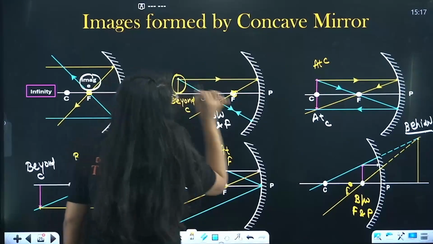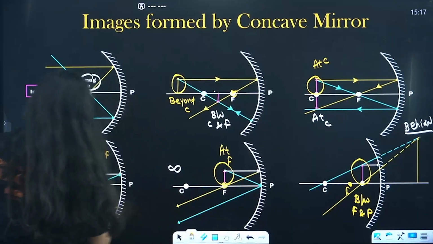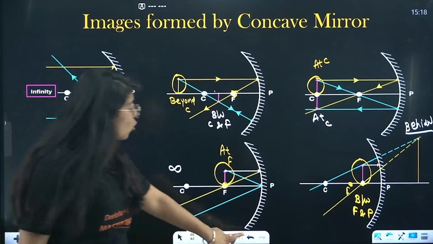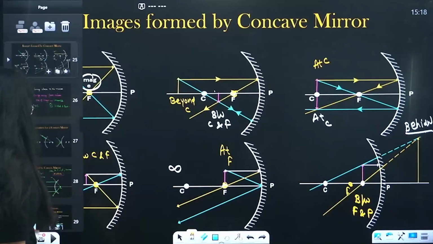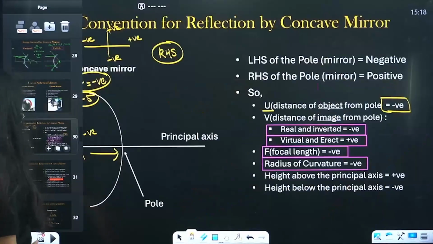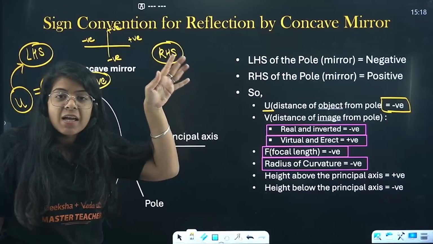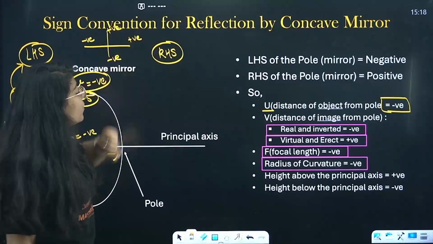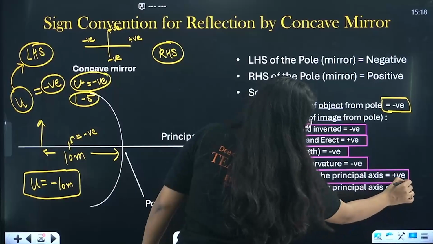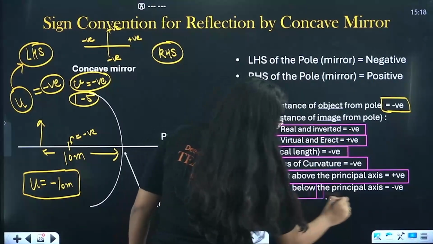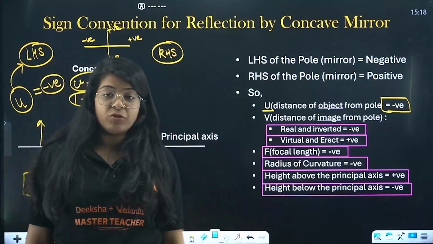That means their height is on the upward side of the principal axis. On the upward side, we have positive. So height above the principal axis will be positive, and similarly the height below the principal axis will be negative. All these things you have to remember.